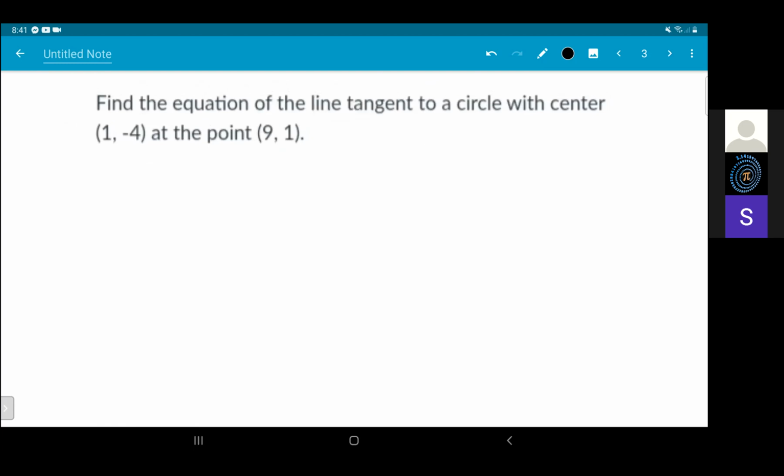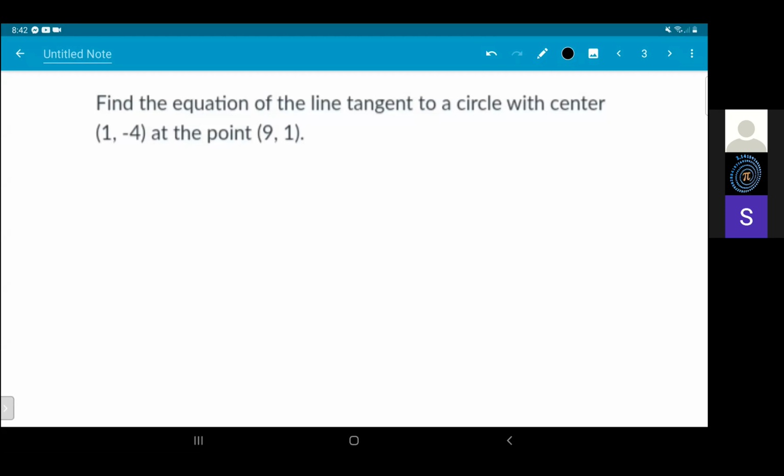Find the equation of the line tangent to a circle with center (1, -4) at the point (9, 1). I discussed a problem like this in class. The only difference is that here we are not given the equation of the circle, but actually this is easier since we're already given the center. Whereas if you're first given the equation, you first have to convert it to standard form or center-radius form just to get the center.